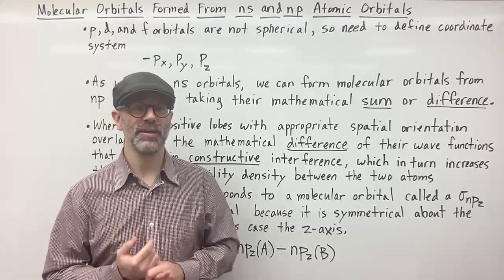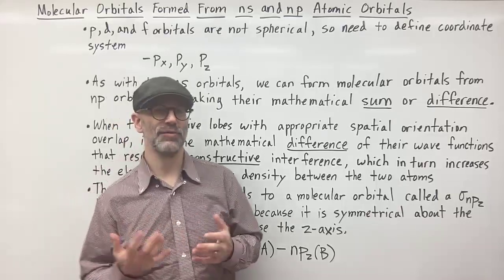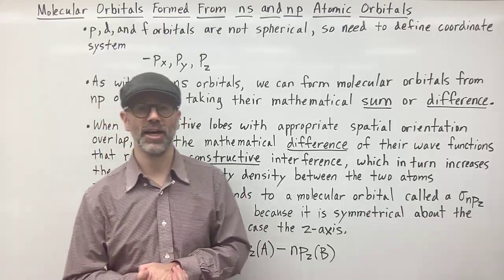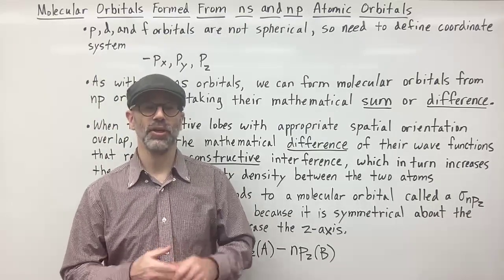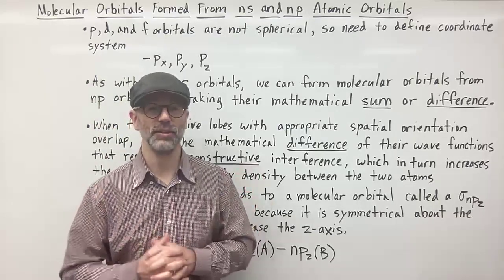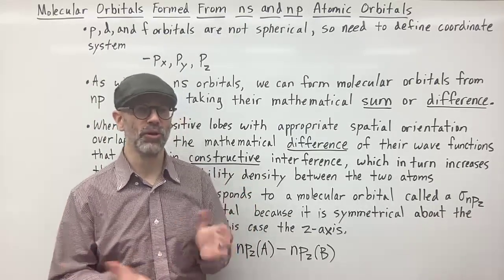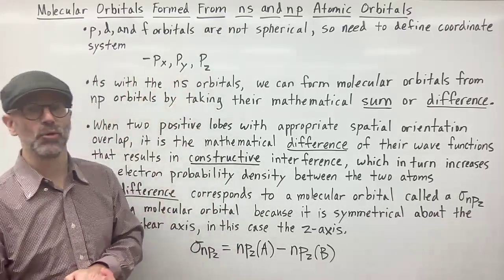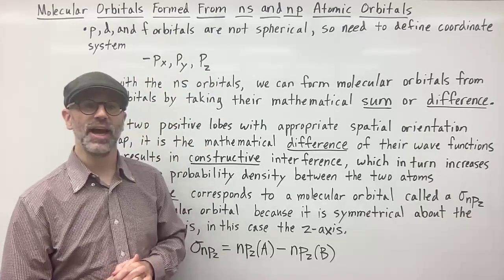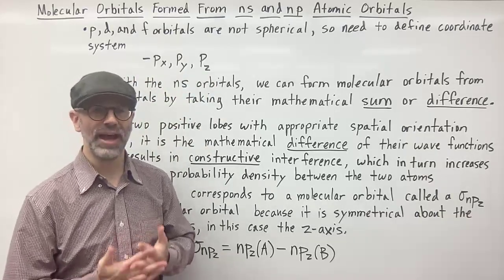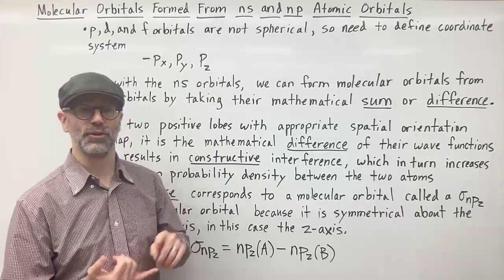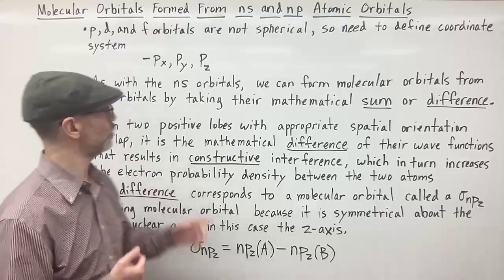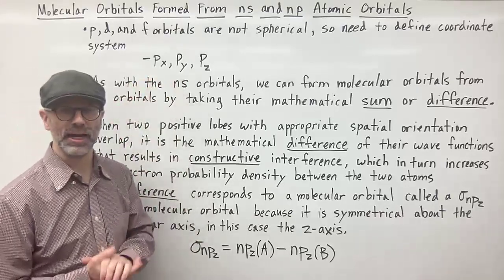Since p, d, and f orbitals are not spherical, we're going to need to define a coordinate axis system. The Cartesian coordinate system is what we use for our p orbitals. So you'll remember that we have three p orbitals that are equal energy, and we label them according to what axis they are on, either the x, y, or z. And so we have px, py, and pz.